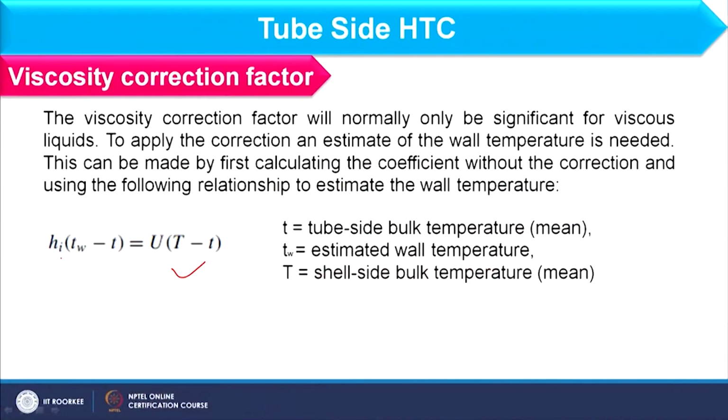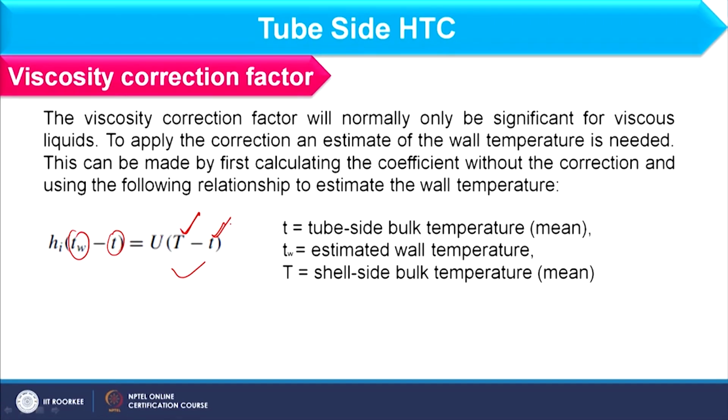And how will you calculate the wall temperature? You can use this expression where I have hi, the inside heat transfer coefficient or tube side heat transfer coefficient, tw is the wall temperature, and t is basically the tube side bulk temperature or the average temperature, and capital T and small t are the shell and tube side average temperatures.